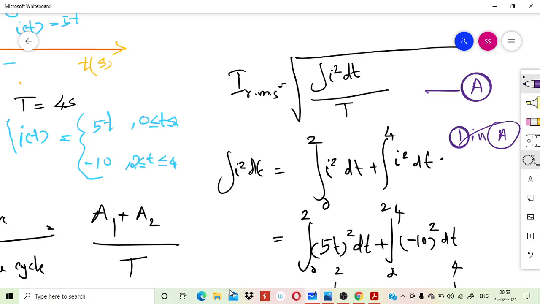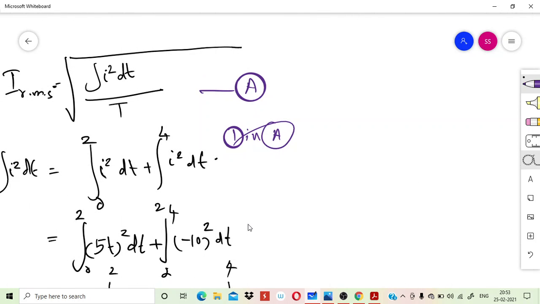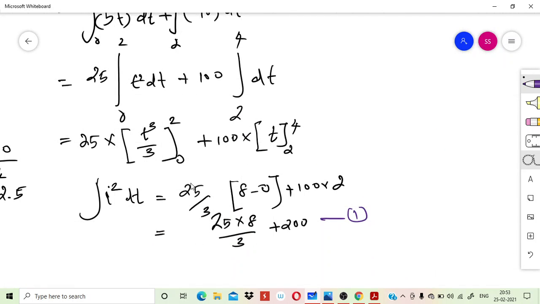So for the RMS value, I RMS will be equal to 1 by 4 into integral I square dt, which is this one.